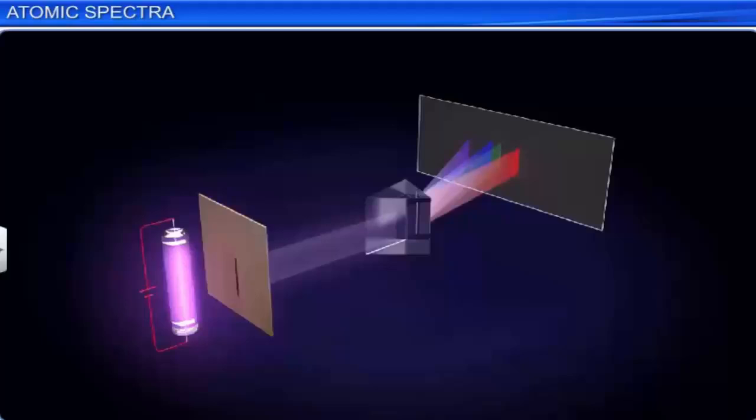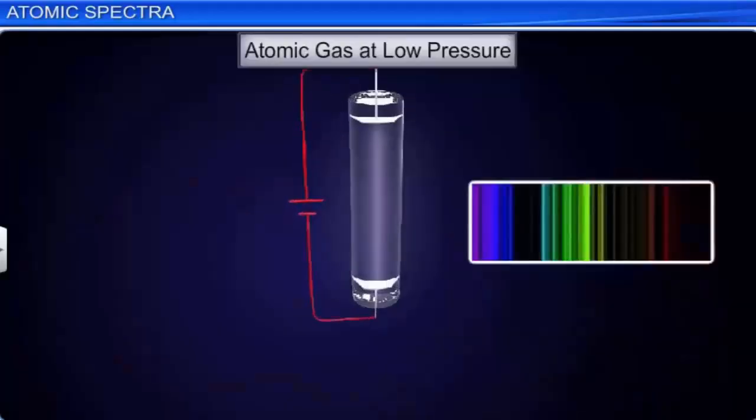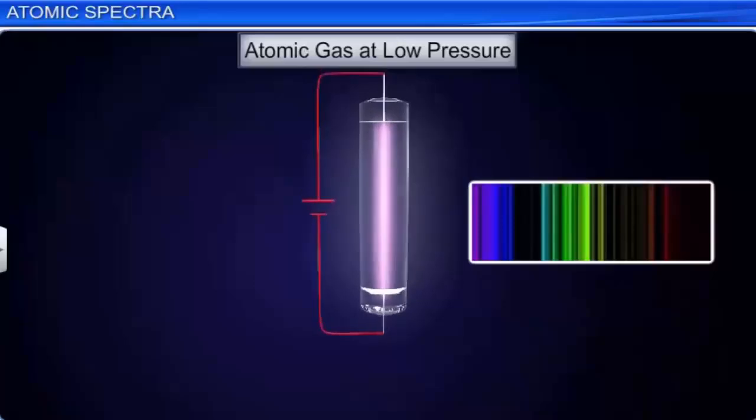Thus, the spectrum emitted by the hydrogen atom is a discontinuous emission line spectrum as it contains only specific wavelengths of light. When an atomic gas or vapor is excited at a low pressure, by passing electric current through it, it emits radiations containing certain specific wavelengths only. Such a spectrum is called the discontinuous emission line spectrum.